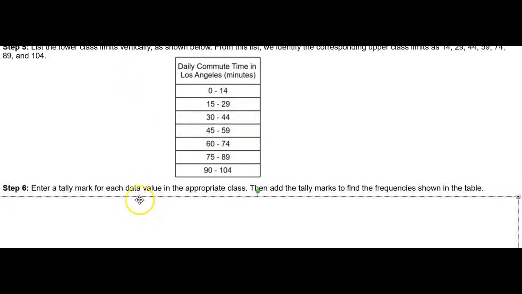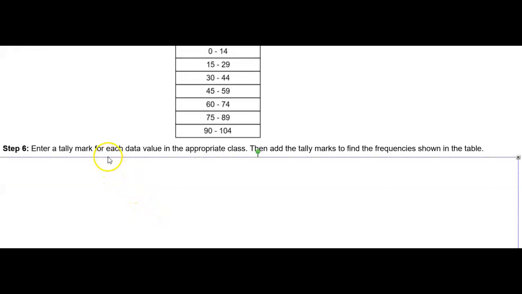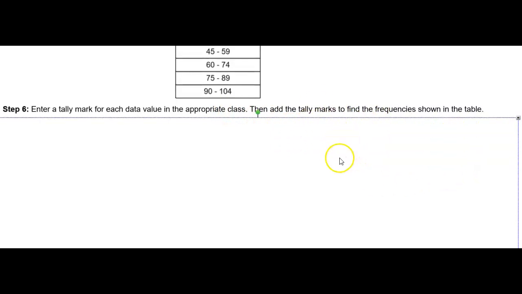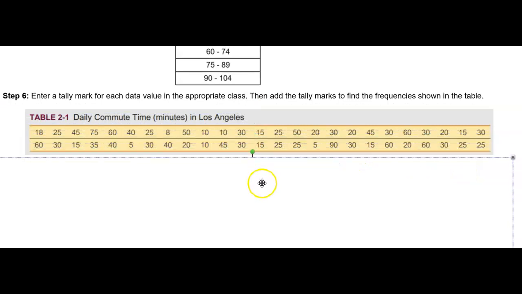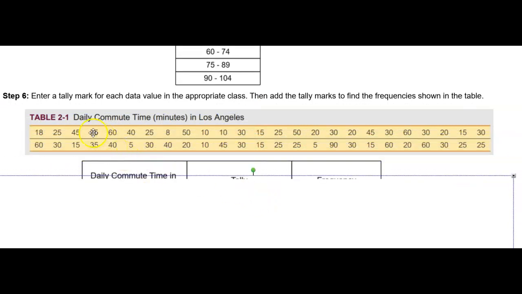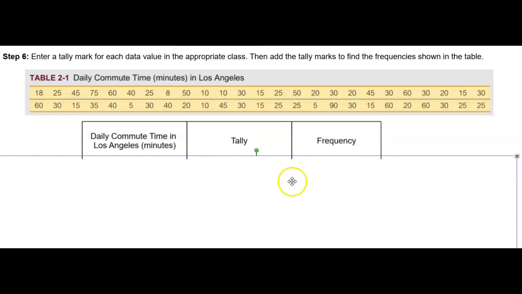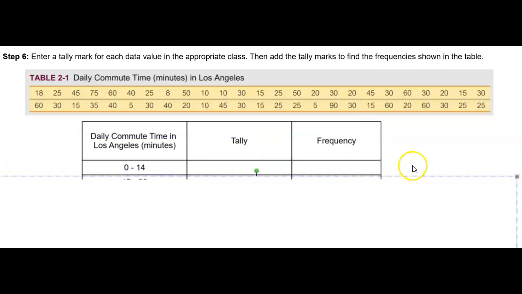Now in step 6, we want to enter a tally mark for each data value in the appropriate class, and then add the tally marks to find the frequencies shown in the table. So, in this case here, we have our table, our values, and so we want to find out what are all the values that are in between 0 and 14.